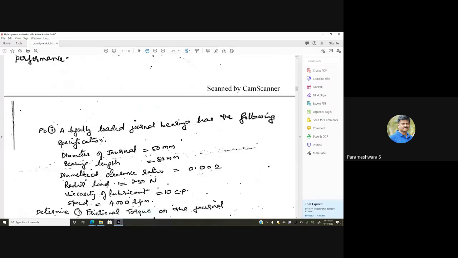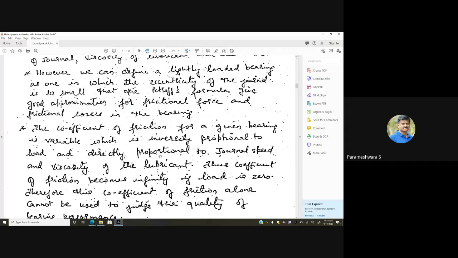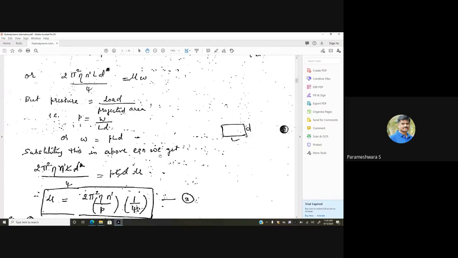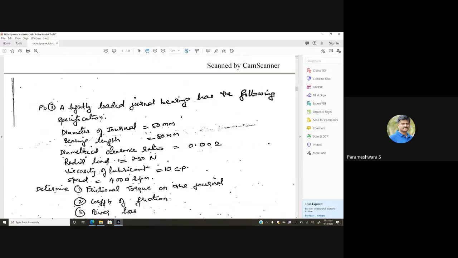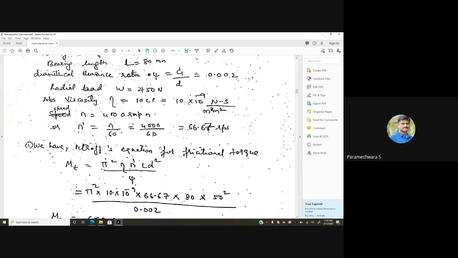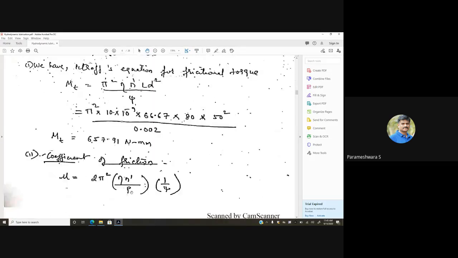We know that P is equal to W by LD. W, length and diameter are known, so you can calculate pressure P. This is required for this formula.